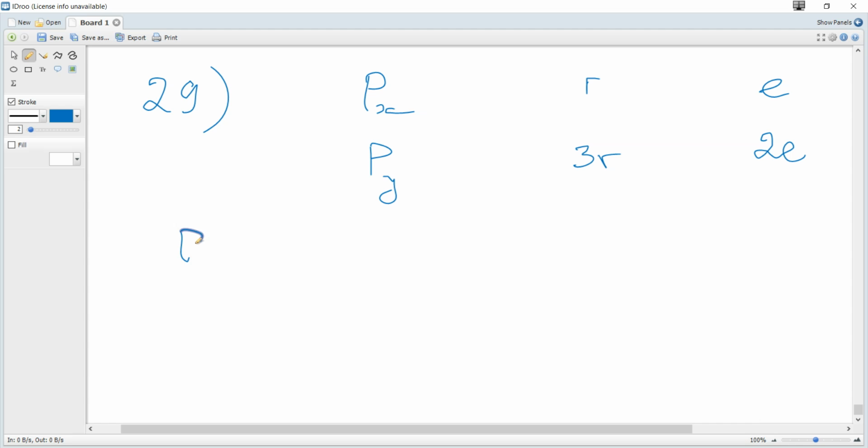What is Py over Px? And what is P again? It's maximum power output. So since it's about a wind generator, we should use the formula.